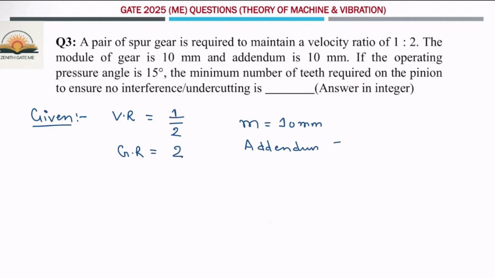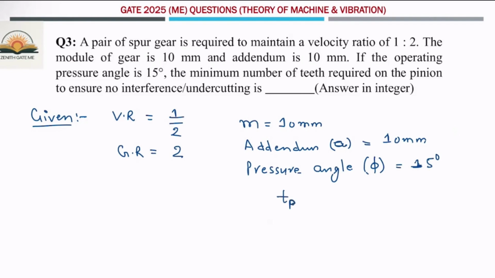And the pressure angle, which is denoted with phi, is nothing but 15 degree. Okay, so what you have to calculate? You have to calculate how many number of teeth on the pinion so that there will be no interference. Okay, so TP value you have to calculate.